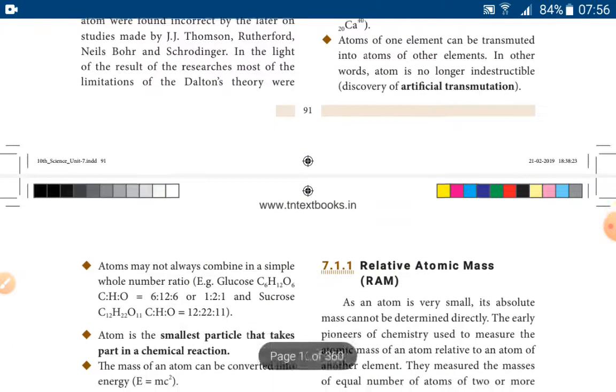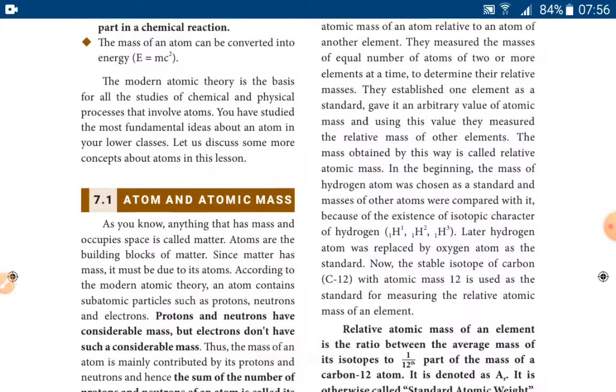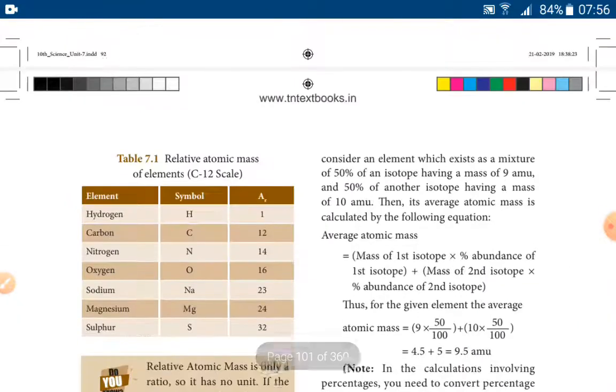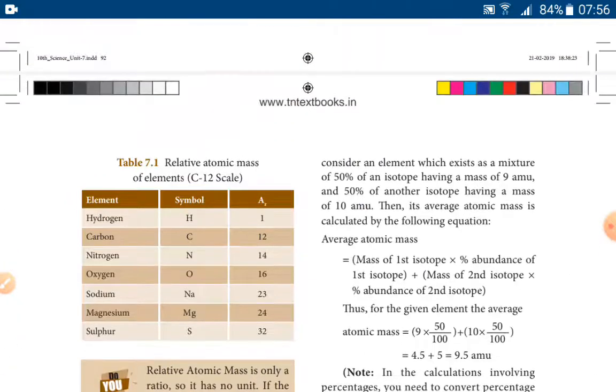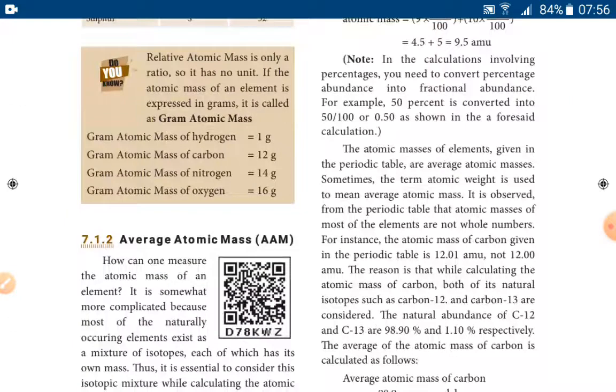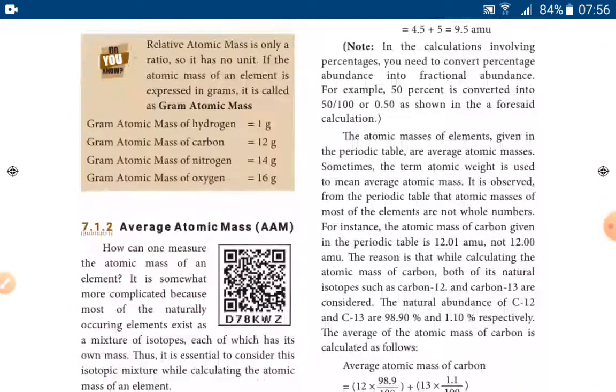These 7 points are important. Then next, you have to know what is called relative atomic mass and its definition. And the relative atomic masses of some elements: hydrogen, carbon, nitrogen, oxygen, sodium, magnesium, sulfur. This you have to know. Also, you have to know how to calculate the average atomic mass using the formula.